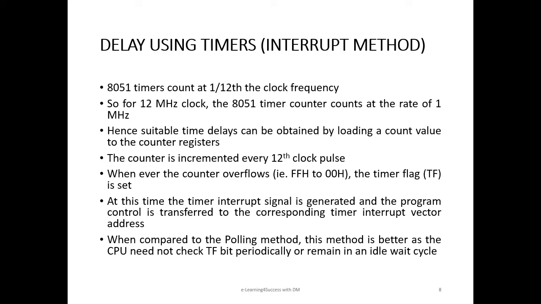Whenever the counter overflows, that is, there is an overflow from FFH to 00H for 8-bit counter operation, or from FFFFH to 0000H for 16-bit operation, the timer flag TF is set. At this time, the timer interrupt signal is generated and the program control is transferred to the corresponding timer interrupt vector address. When compared to the polling method, this method is better as the CPU need not check TF bits periodically or remain in an idle wait cycle.